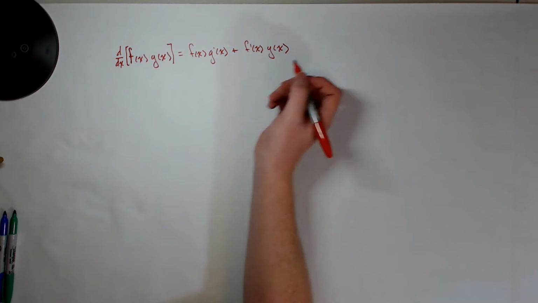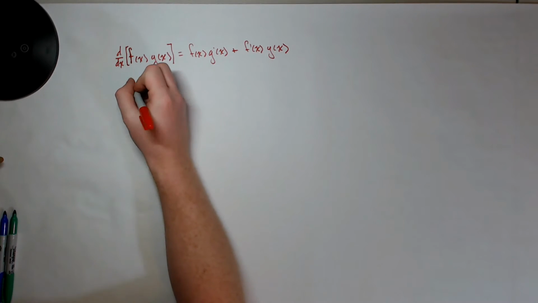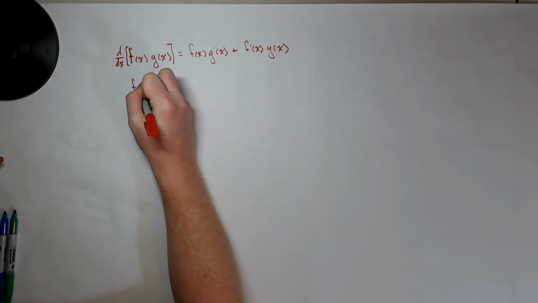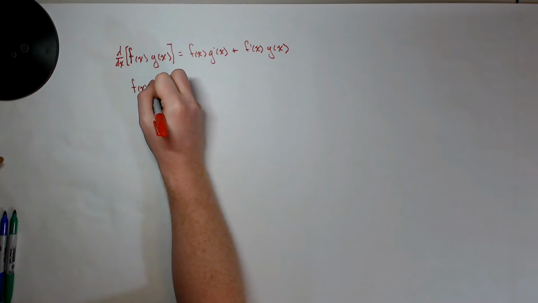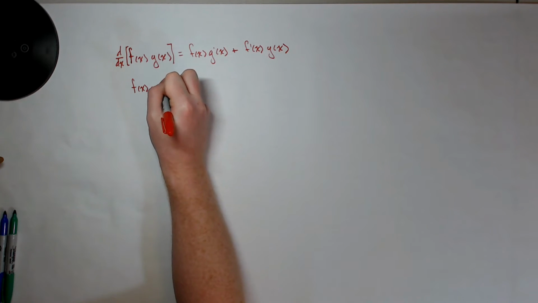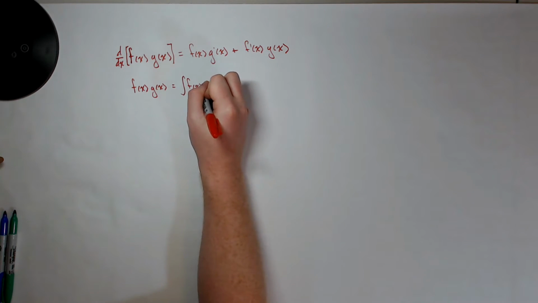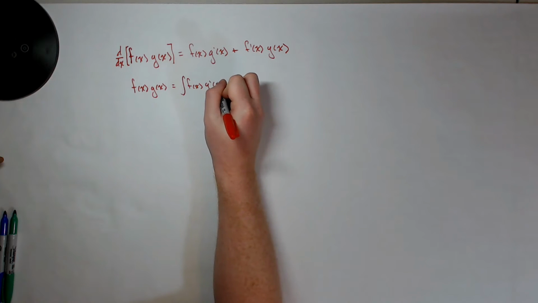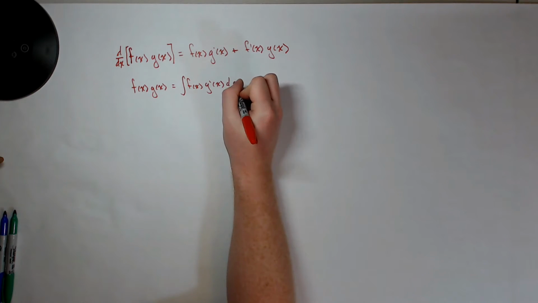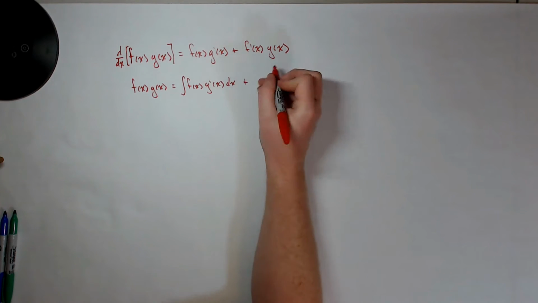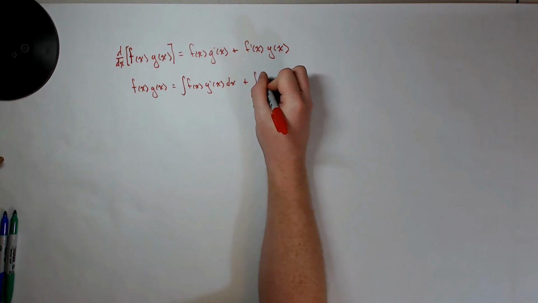Now, we need to get some integrals in here. If we integrate both sides, that gets rid of the dx, and we're left with just f of x times g of x is equal to the integral of f of x times g prime of x plus the integral of f prime of x times g of x. Now we want to solve for one of these integrals.